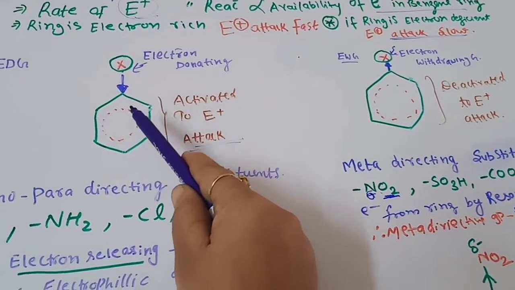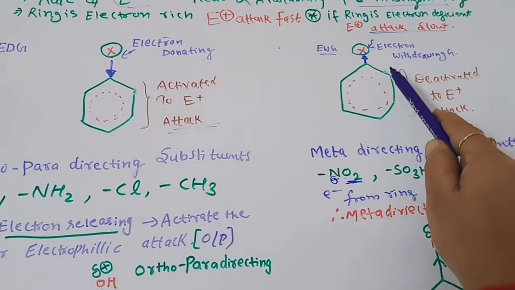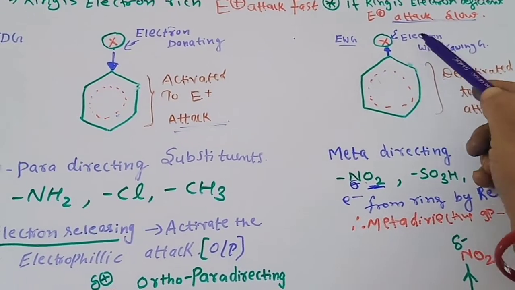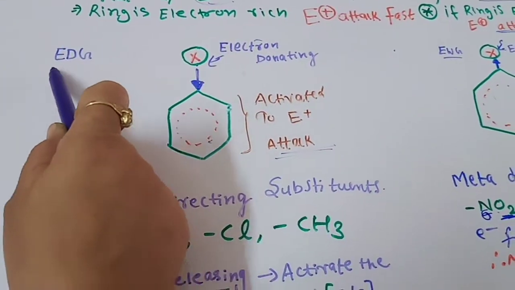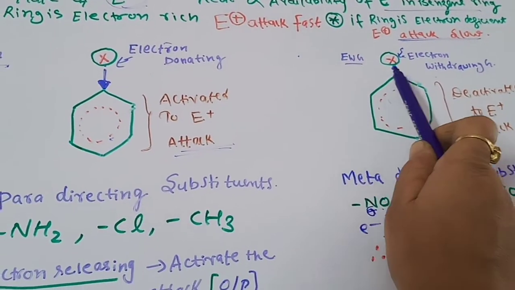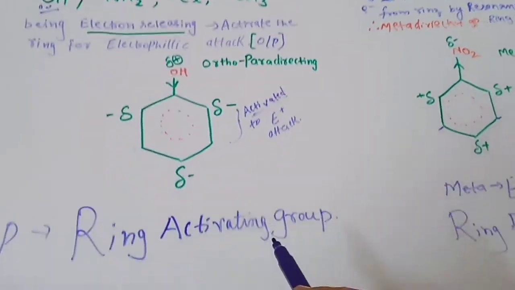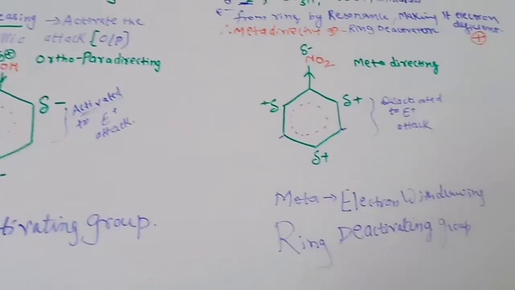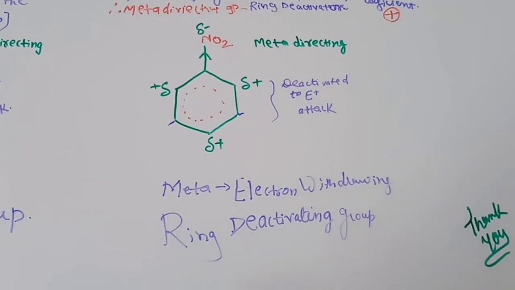They donate electrons to the benzene ring, and the meta directing groups take electrons from the benzene ring. They withdraw electrons from the benzene ring. In short, we can call them EDG, electron donating groups, and these are electron withdrawing groups. So ortho and para directing groups are ring activators, and the meta directing groups are the electron withdrawing groups, and they are ring deactivators.